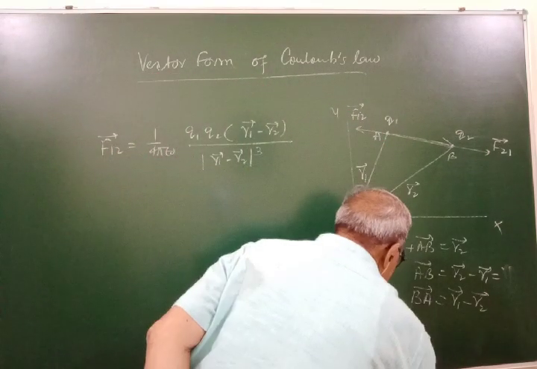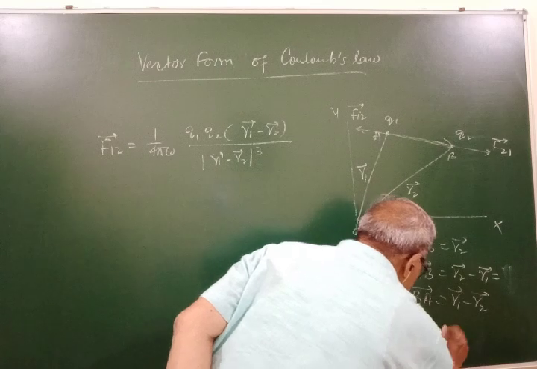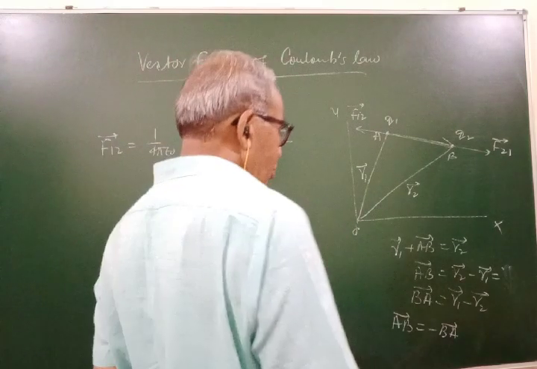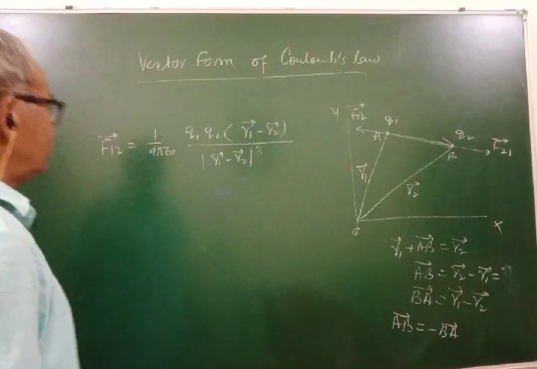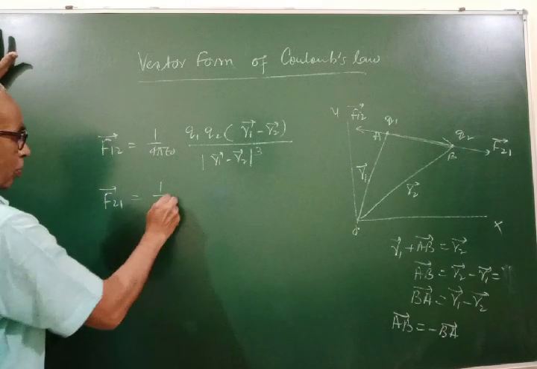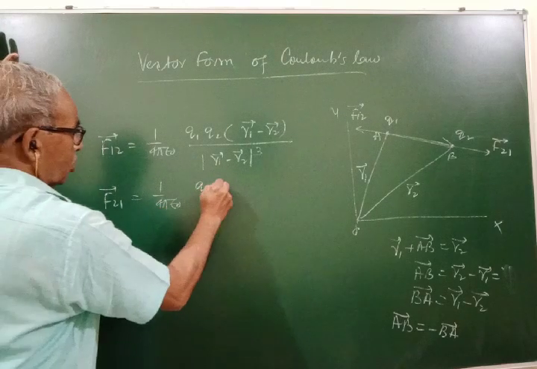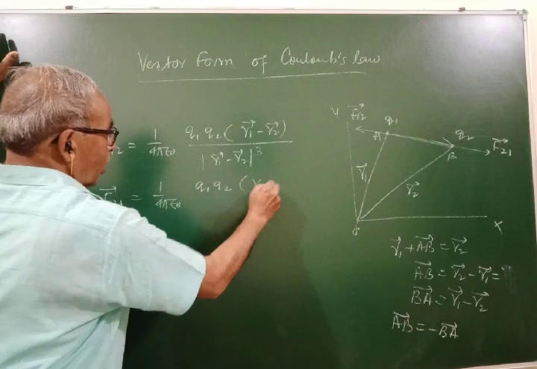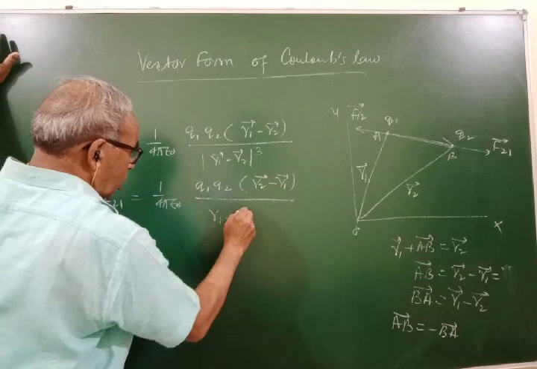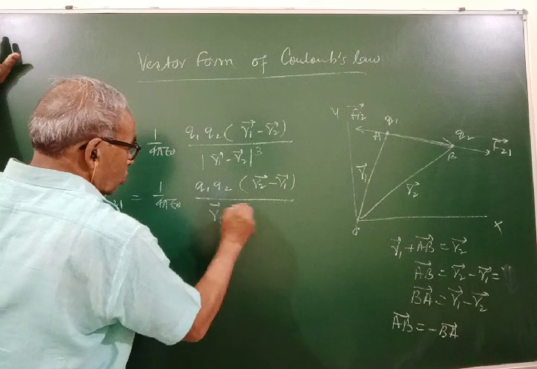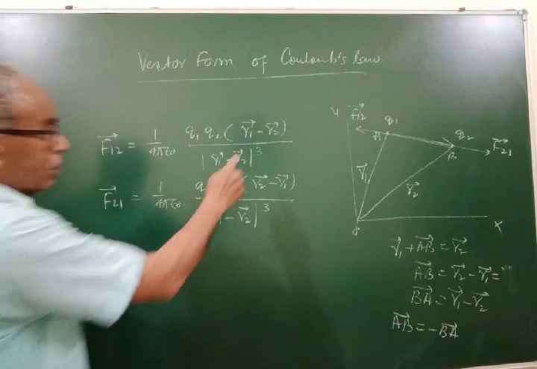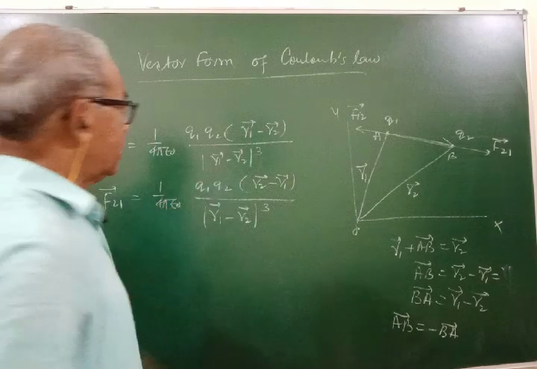Remember here, vector AB is equal to minus BA. And similarly, F21 is 1 upon 4 pi epsilon 0 q1 q2 bracket r2 minus r1 upon modulus r1 minus r2 cube, or you can write r2 minus r1 also. But here it is important to write what to write.